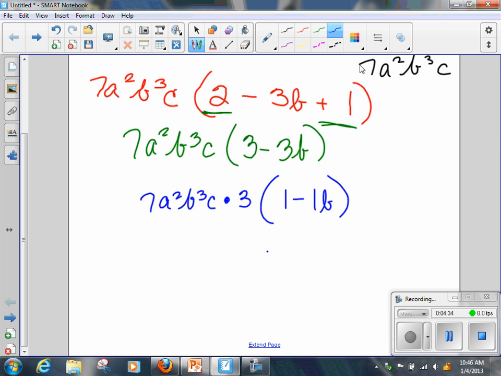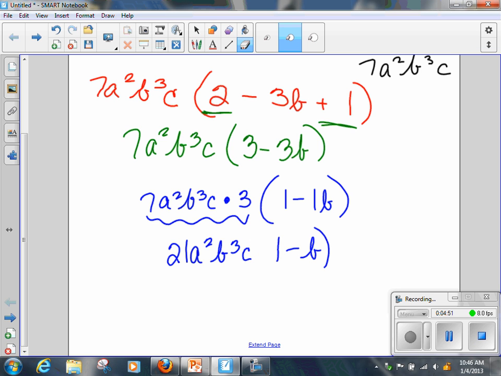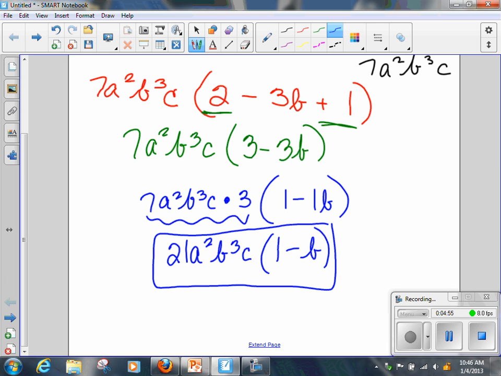Because we've got to clean it up. Multiply. What's 7a squared b cubed c times 3? 21a squared b cubed c times 1 minus b. Is that acceptable? Yep.